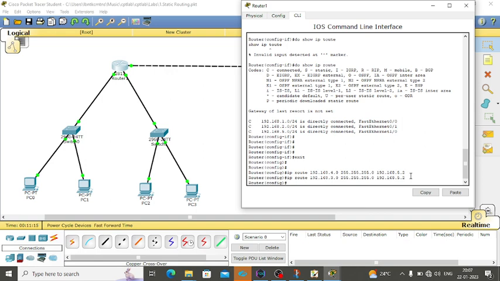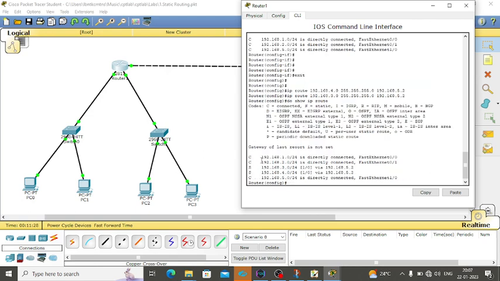So now I want to know what the exact routing table is right now. So do show ip route. So here I configured that one network is directly connected. See, it's directly connected. So 1.2 is directly connected, and then 5.0 is also directly connected. But what is it? 192.168.3.0 connecting via 5.2.